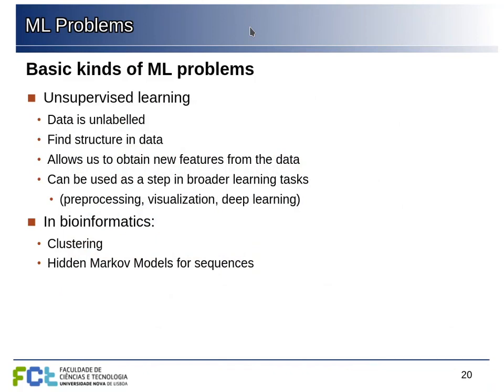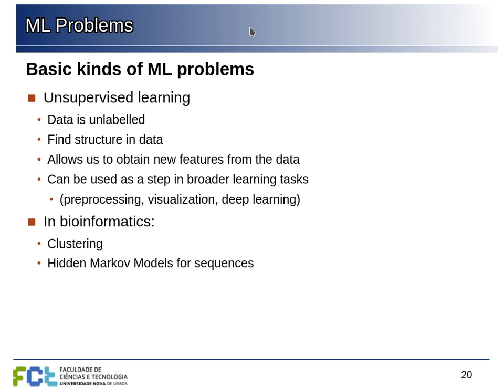So in unsupervised learning, we do not have labeled data. We want to find structure in the data, and this can help us organize things better, understand the data, and can even be a first step in other learning problems, but it can be useful in itself.